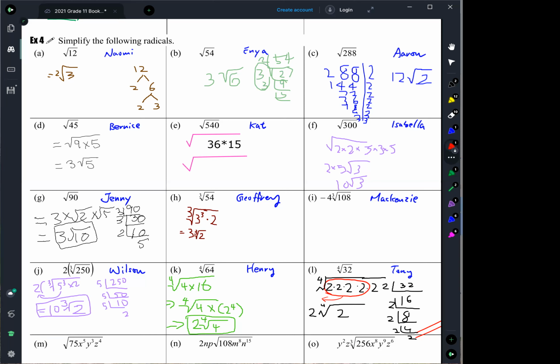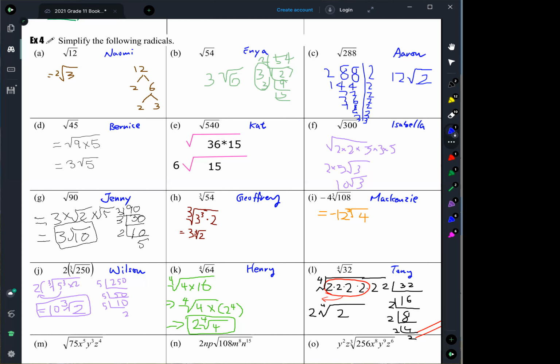Okay, don't forget the cube root, the little 3. Very good.